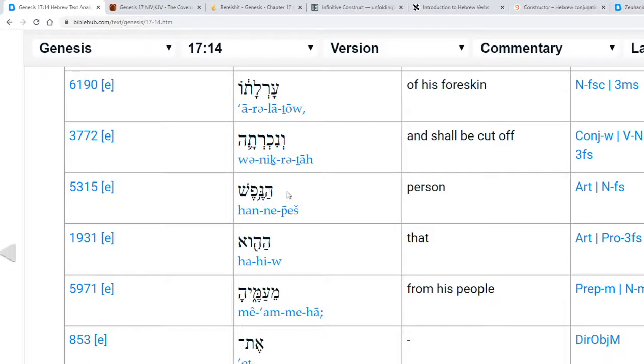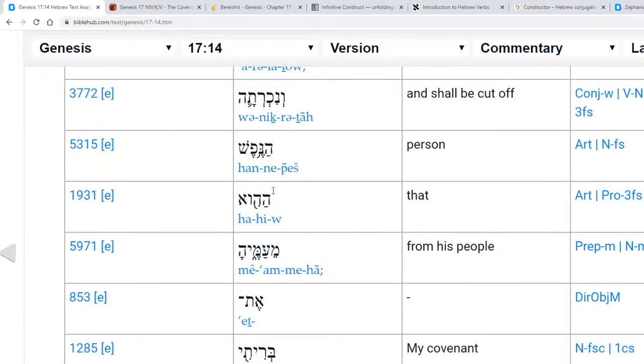Ha nefesh. So ha is actually, I think this might be the first time we've had the article. That's the in Hebrew. Ha nefesh. Nefesh is one of the ways we refer to a person or a soul in Hebrew. So this is one of the ways which we specify a particular person in Hebrew specifically, right? Hanefesh hahi, that person, right?